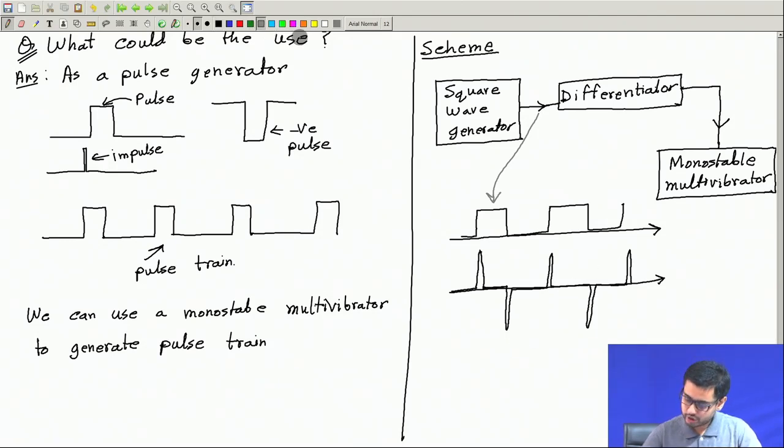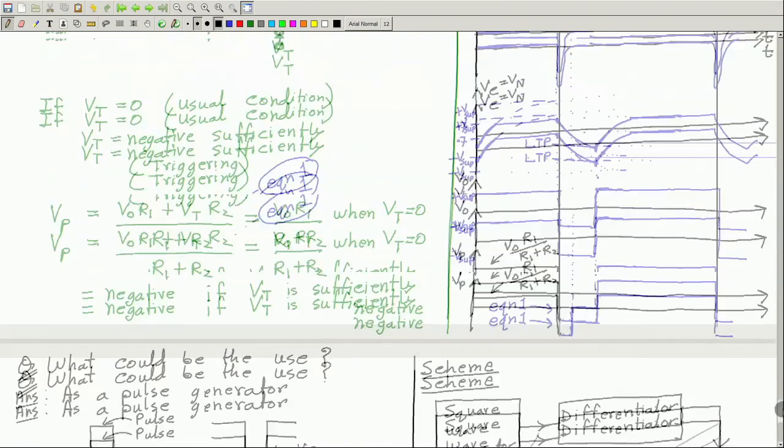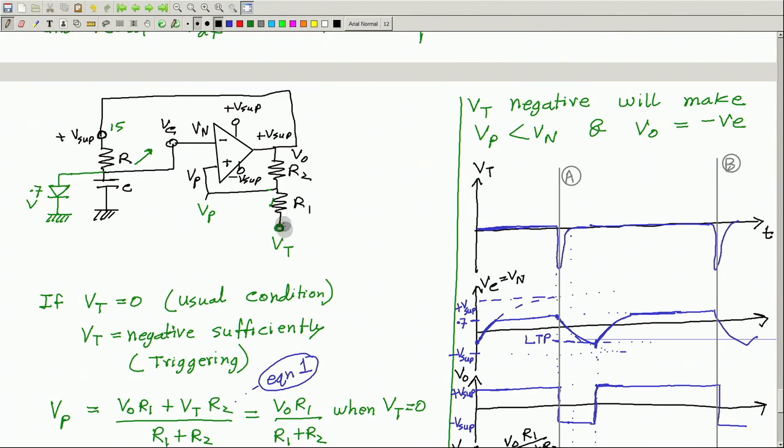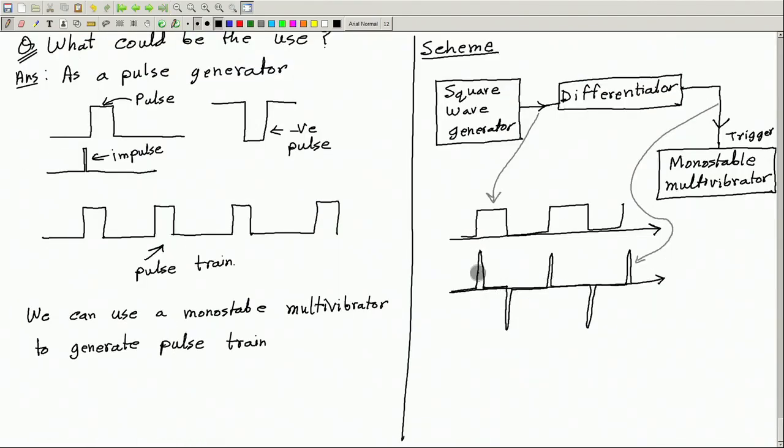So, this is the voltage which we have here, and this goes to the monostable multivibrator, where it goes to the trigger. It goes to this point, right. So, you see here we are applying this voltage, which is normally 0, but periodically it becomes very high positive and very high negative.